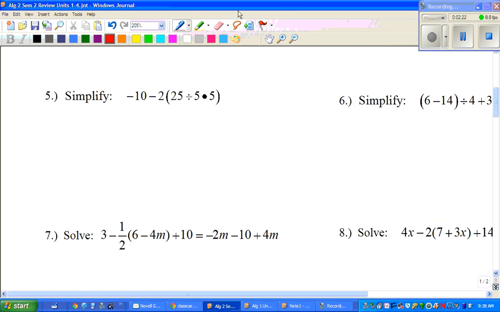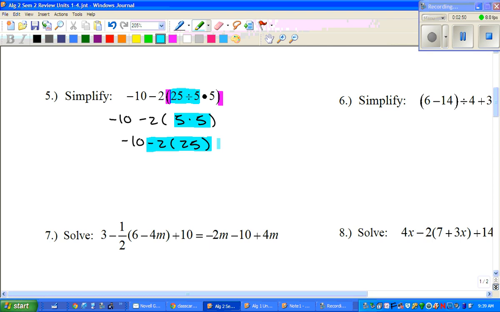All right, number 5. Number 5, we have to start inside the parentheses and with what comes first. Okay, that's the only thing we're allowed to do. 25 divided by 5 is 5. We still work inside the parentheses. 5 times 5 is 25.